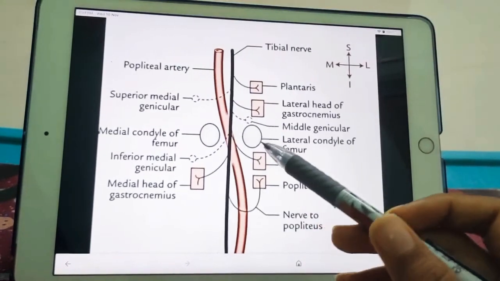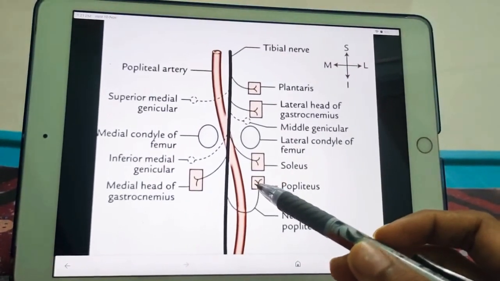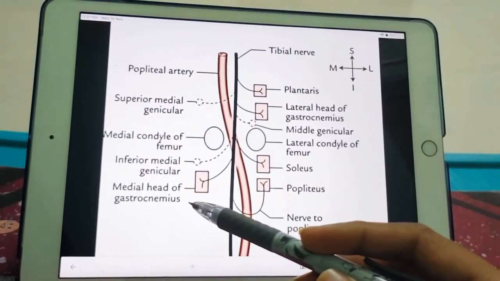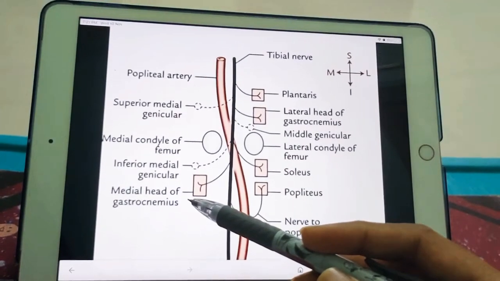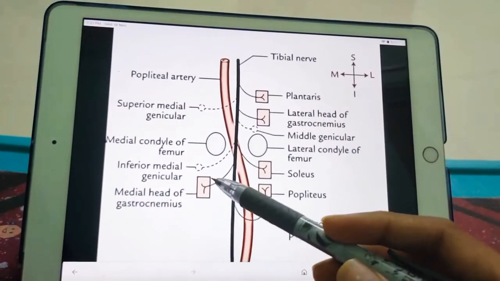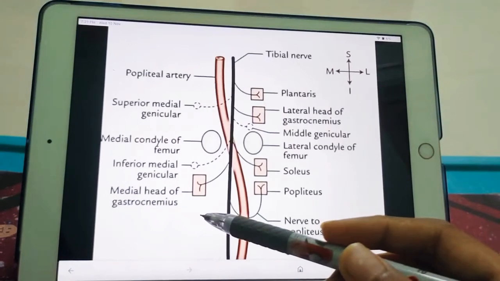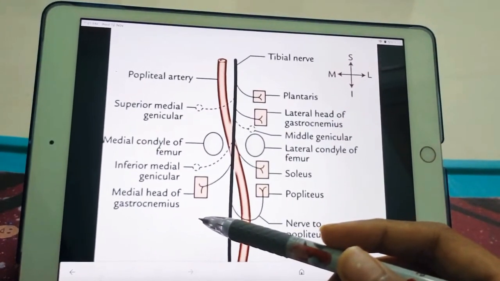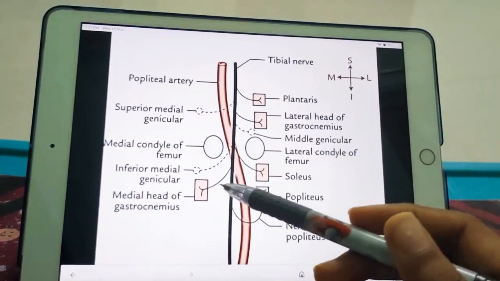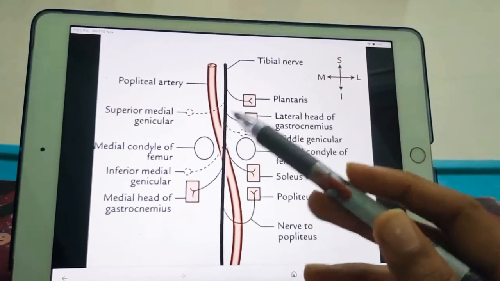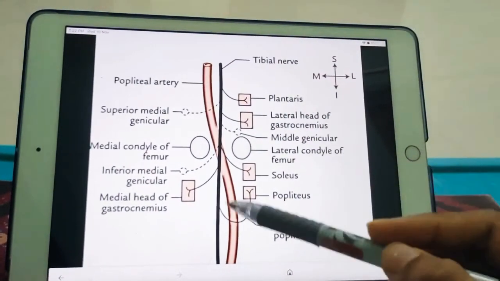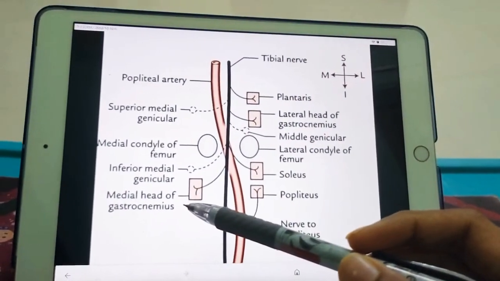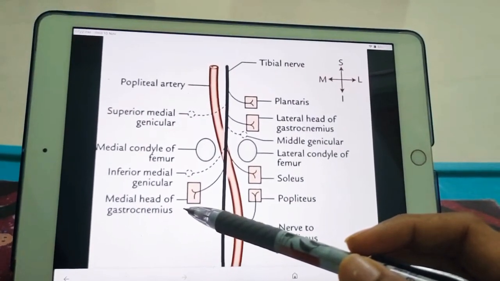Since the muscular branches except the one to the medial head of gastrocnemius arise from the lateral side, the medial side of the nerve is the safe side. So what they are saying is that all the muscular branches are on the lateral side, but on the medial side you have only one muscle, that is the medial head of gastrocnemius.